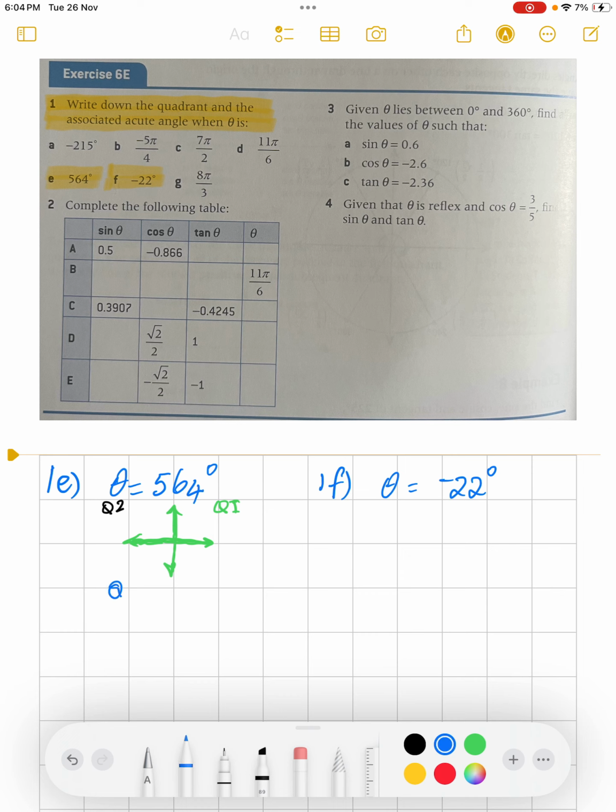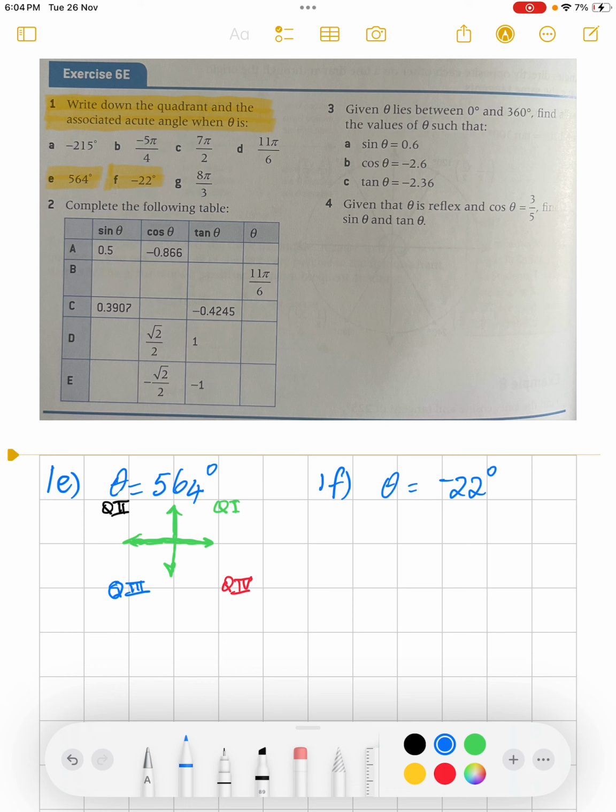We've got quadrant 3 between 180 and 270. We've got quadrant 4 between 270 and 360. I'll use Roman numerals for quadrant 2 and quadrant 3.